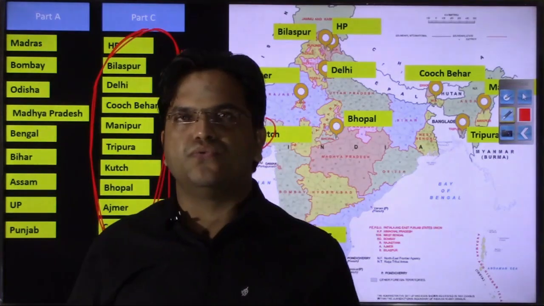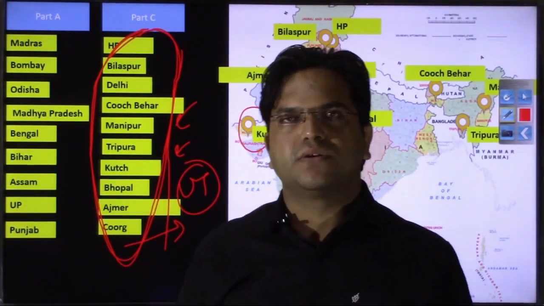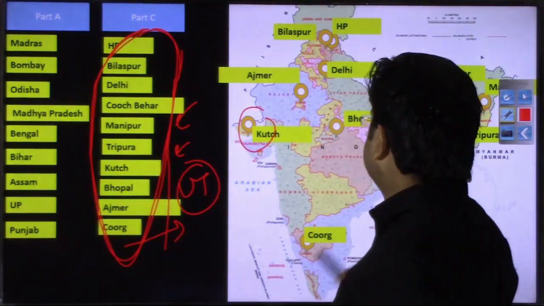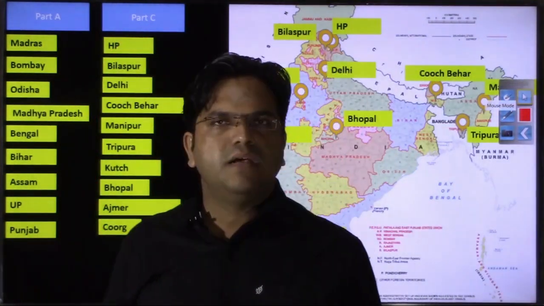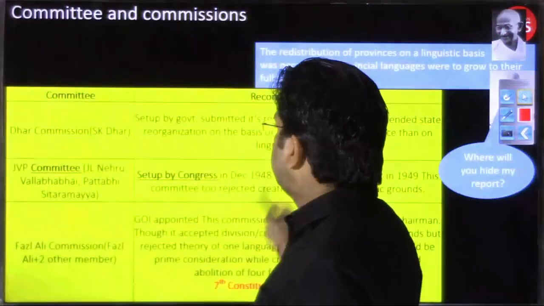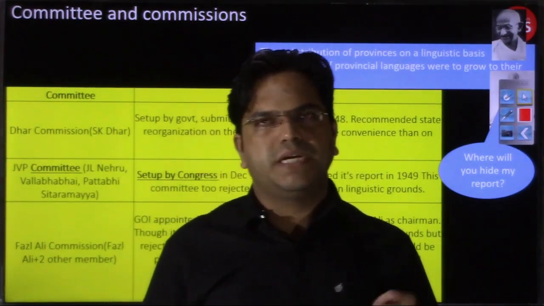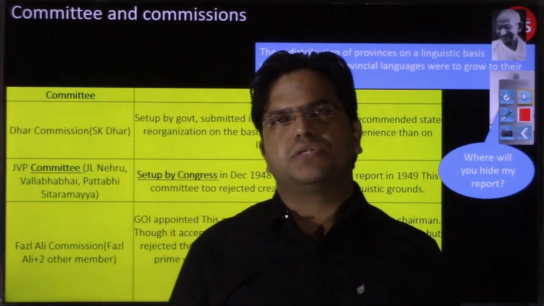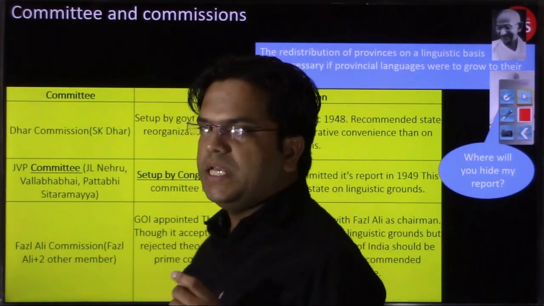Now when this word union territory would be introduced into the Indian Constitution, you will notice that from 1952 itself there started demand for various states on the linguistic basis, and when this demand started, you had the establishment of various committees and commissions. You had the Dhar Commission, you had the JVP Committee, and then finally you had the Fazl Ali Commission.